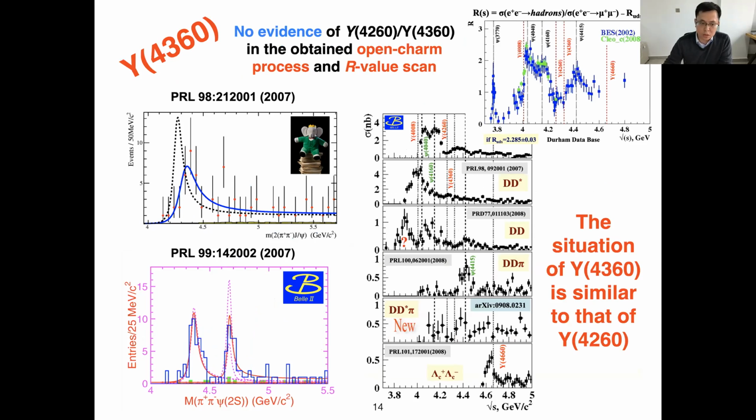You can find that this enhancement exists in the psi(2S) pi+ pi- channel from the e+e- annihilation. The experimentalists also did not find the enhancement structure in the R-value scan and in the open-charm decay channels.